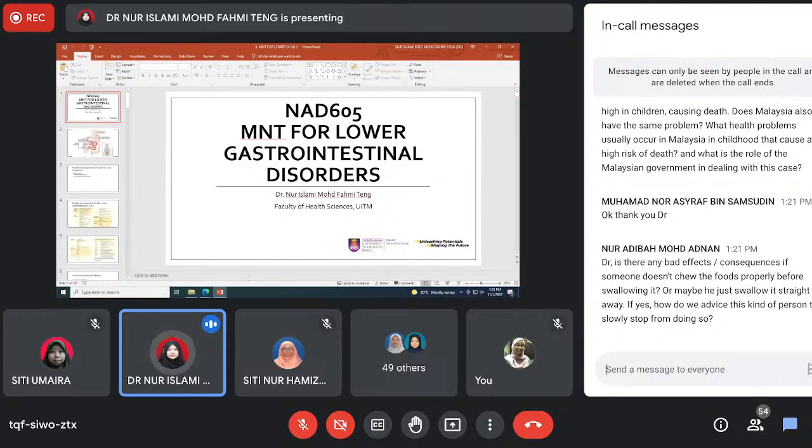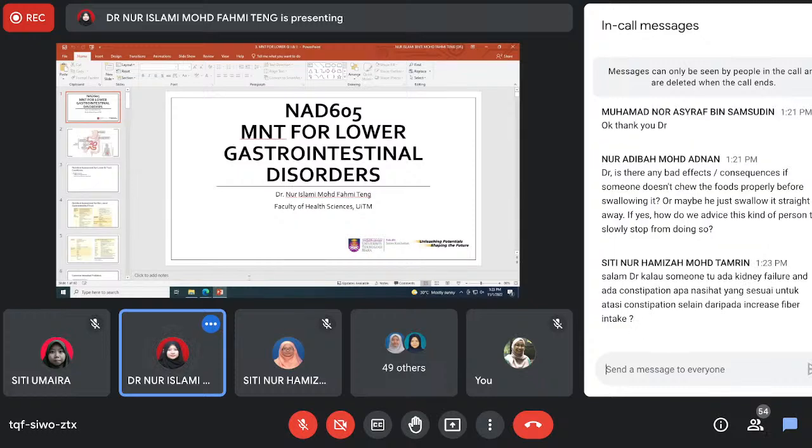Heart problems usually occur in Malaysia childhood that cause a high risk of death. Is it related to medical condition?